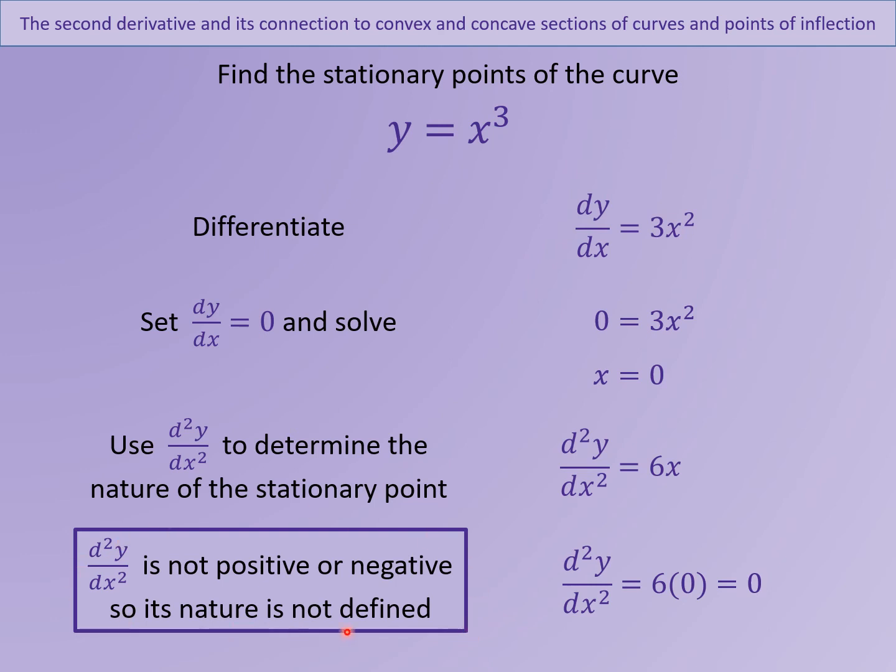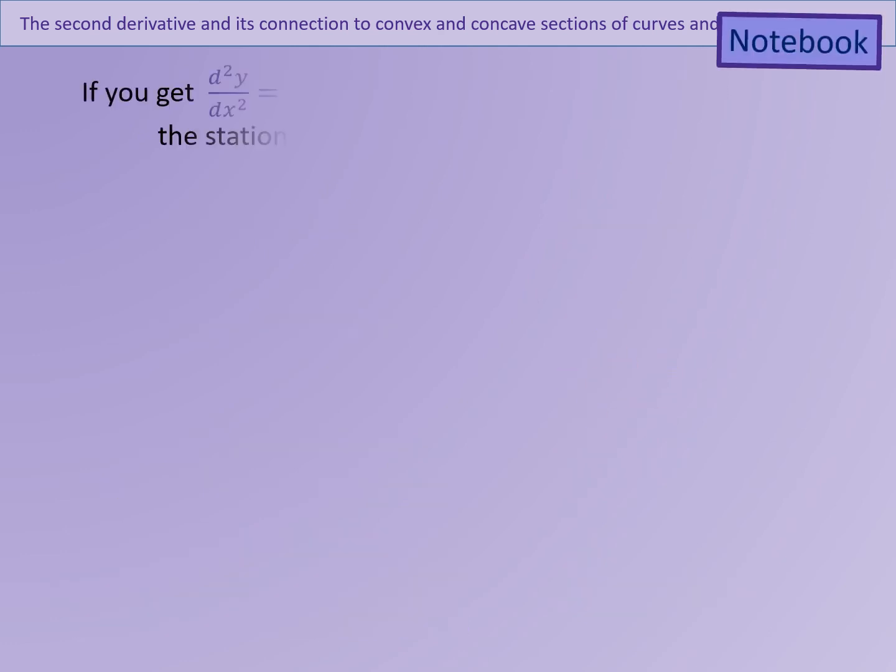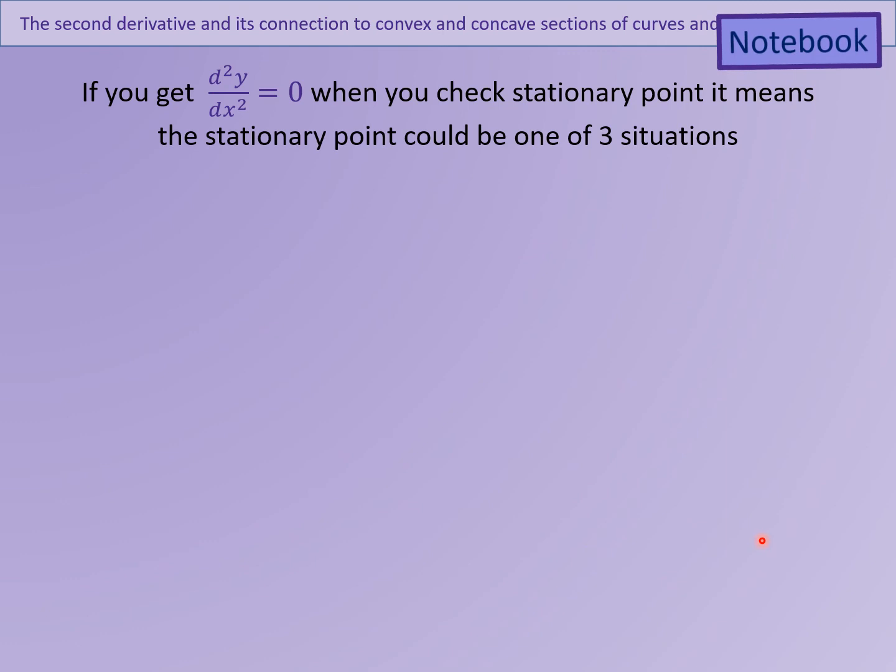So how do we determine what is this point just here, this stationary point? Is it a maximum? Is it a minimum? Is it a point of inflection? Okay, so grab your notebooks.